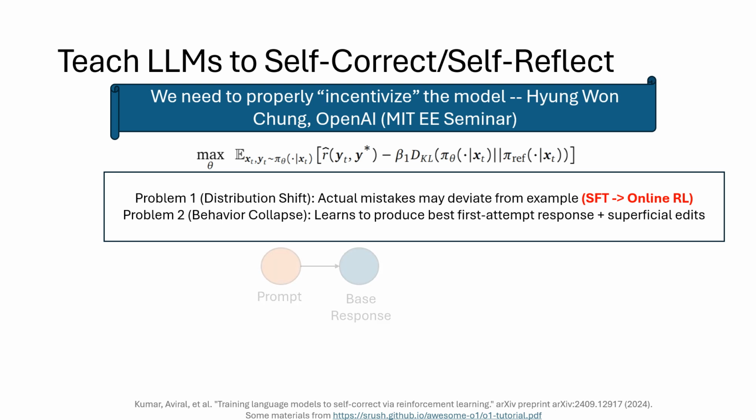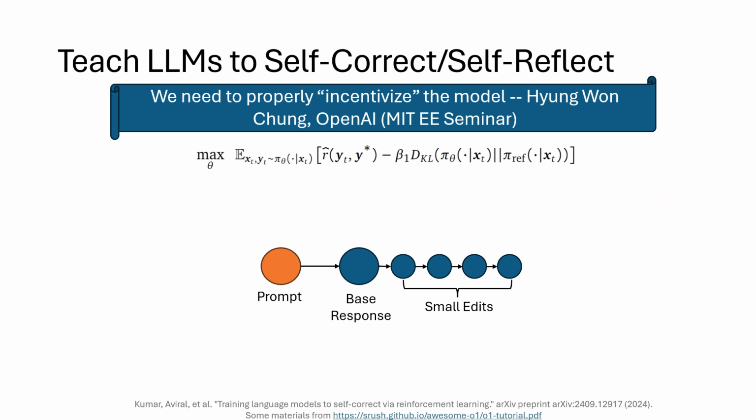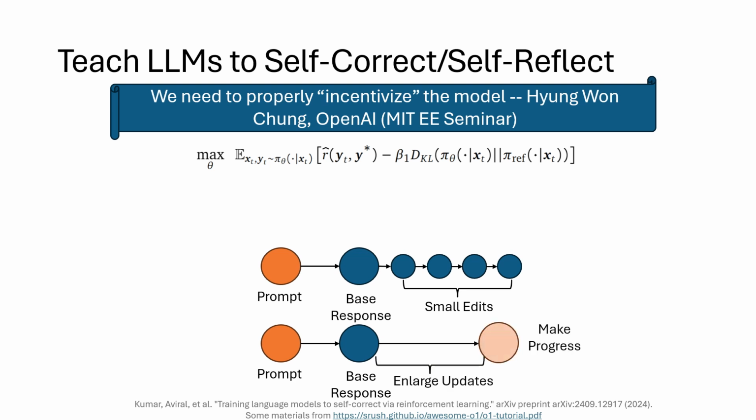What does this mean? So we start with some prompt, we sample some base response, and under typical reinforcement learning, we would only train the model to do some very small edits at each iteration, and it makes very slow progress or even no progress towards the final correct answer. And what we want to do is, maybe we still start with the prompt and base response. We want to constrain the base response a bit and try to enlarge or encourage more updates between the second response and the first response.